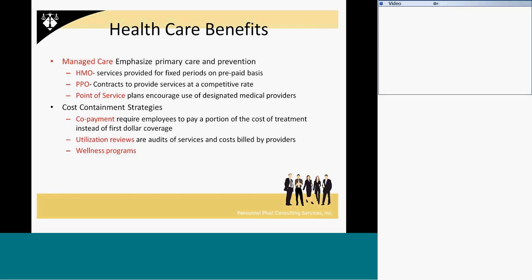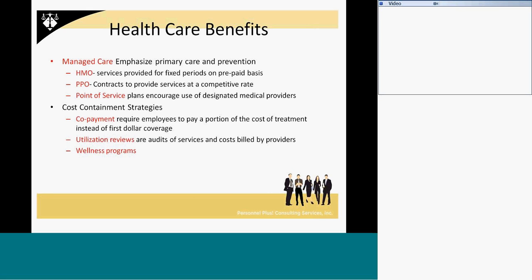Because if there are no consequences to the person using the service, chances are they will overuse it, and that drives up the cost. So by requiring people to pay a portion of the cost, that reduces the cost to the plan and discourages unnecessary use.